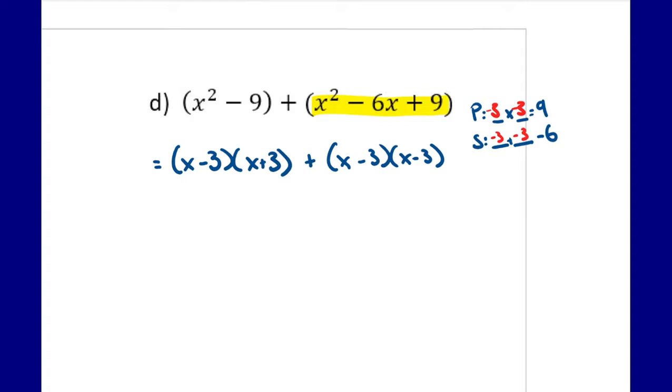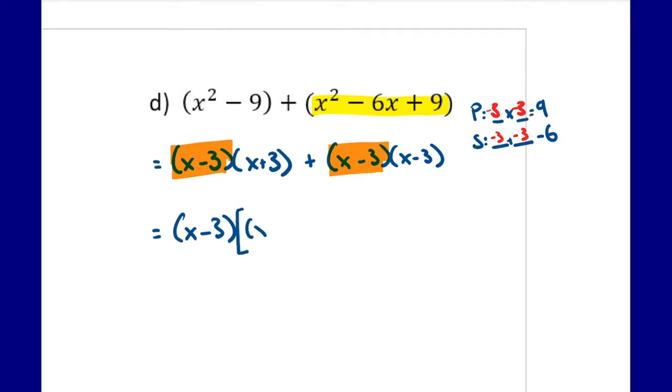Now I have two terms, a product on one side, a product on another side. Is there anything common between them? Well, actually yes. One of the brackets is a common factor between the two. So I can remove that bracket, x minus 3, and then what's left over?